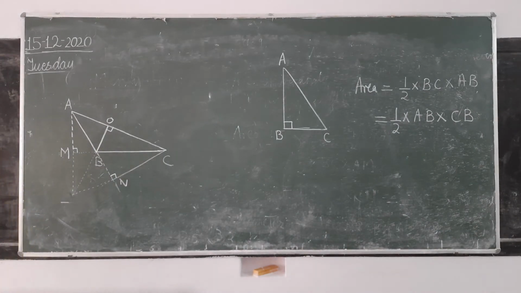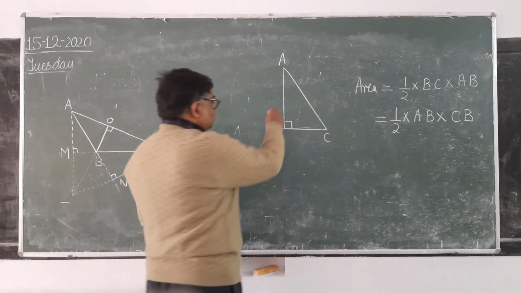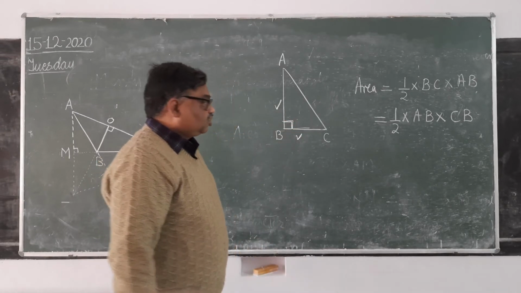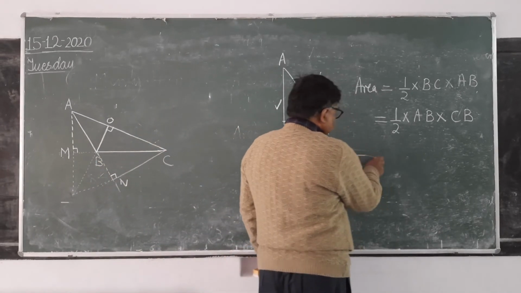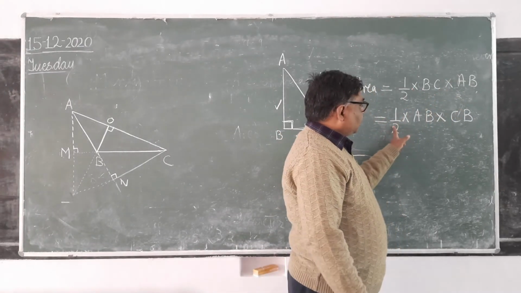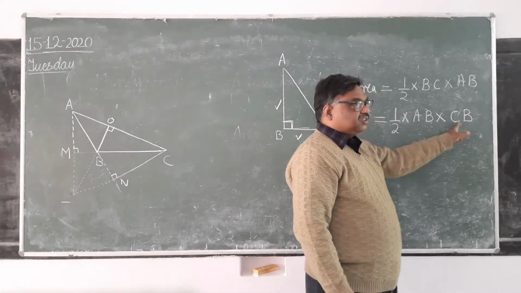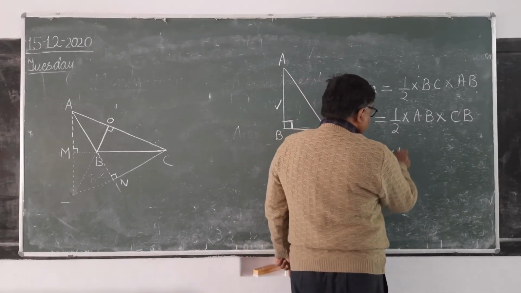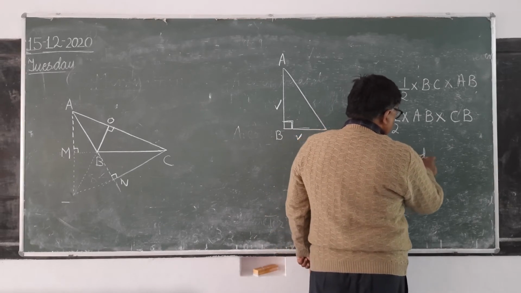In a right angle triangle, the right angle of 90 degrees is contained between which two sides? AB and BC. One is this and the other is this side. So we can write it as 1 upon 2 AB into BC. So we can write 1 upon 2 product of sides containing right angle.